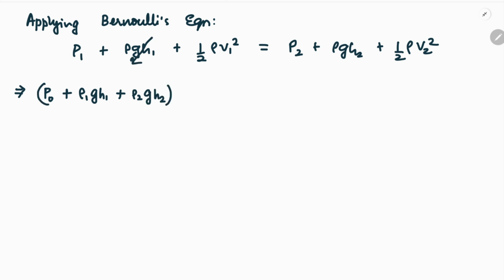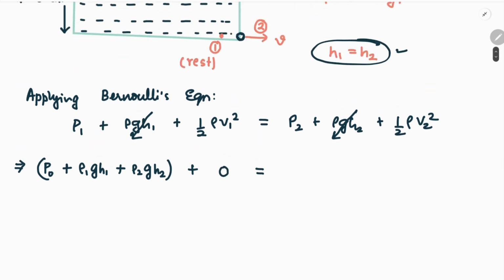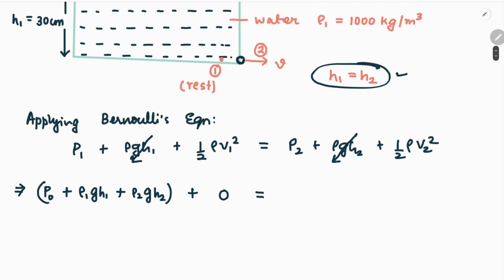Inside this liquid layer at the bottom point the velocity is 0. The moment the fluid comes out of the container, it is having atmospheric pressure P0 plus flow velocity half rho V square. Outside, the flow is due to water, so we write it as half rho 1 V square.